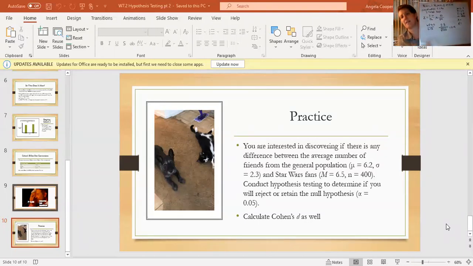Now I'm going to calculate z. I calculated the standard error right here, and I'm plugging it into the formula for z. 6.5 minus 6.2, 0.3, divided by 0.12.